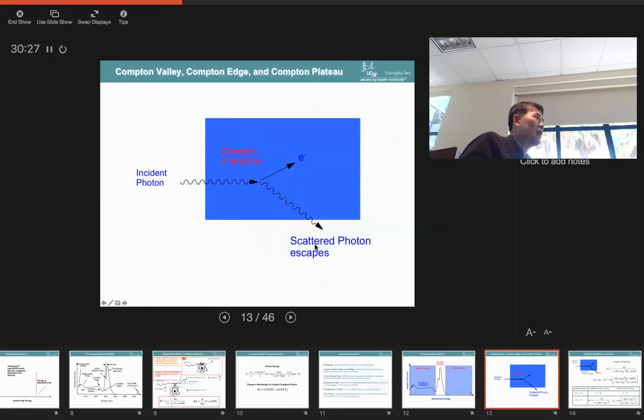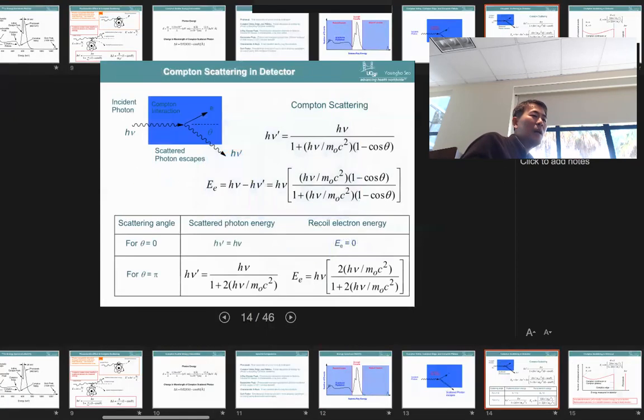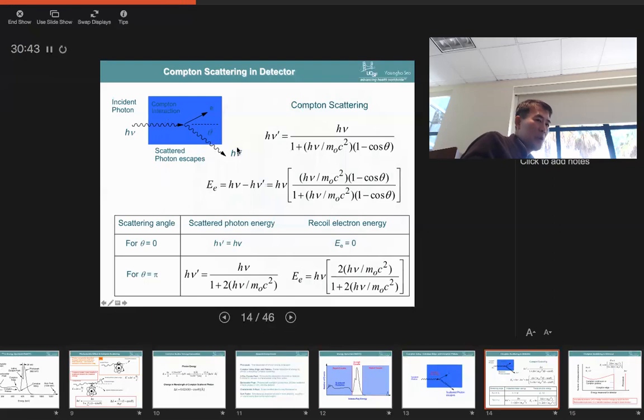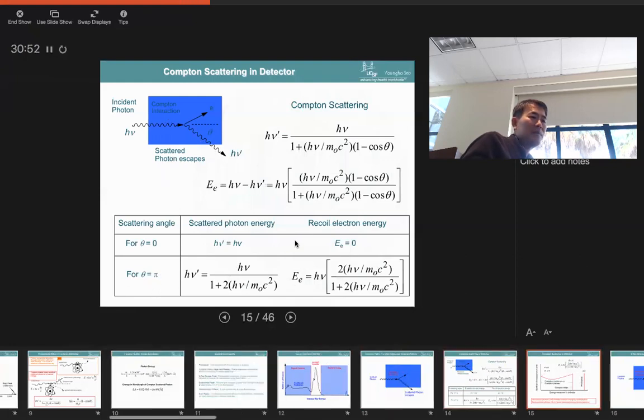Another thing you have to remember here is that this scattered photon's energy is not fixed. It could be anything within the Compton scatter equation. This is what we are showing. The energy loss is anything. This is what I told you about the 0 versus 180 degrees. This is the energy we are talking about.